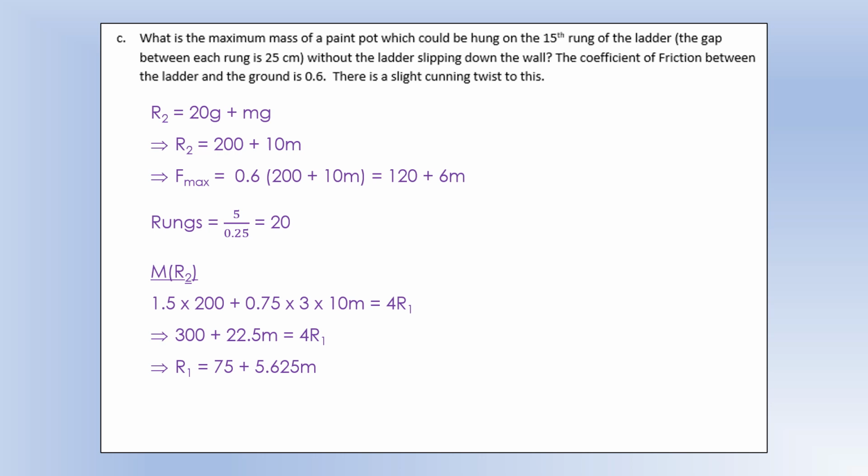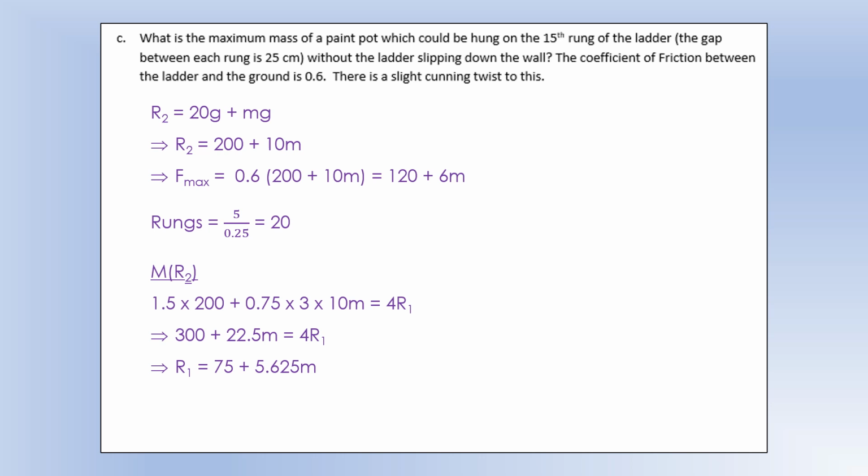Okay, so the 20 kilograms of the ladder, the weight force of 200 acts halfway along the ladder, so 1.5 times 200, and then the weight force of the M kilogram mass is going to act 3/4 of the way along the ladder, so 0.75 times 10M.